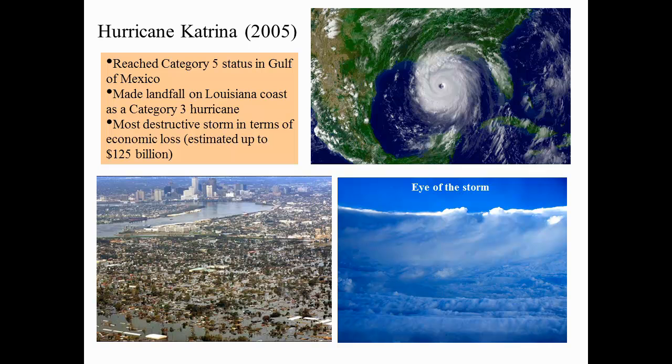And if you all remember, New Orleans was flooded as a result of a breach in the artificial levees. Once the water flooded New Orleans, it just sat there because the pumps weren't working. Because the electricity was out, the pumps couldn't pump the water out of the city.